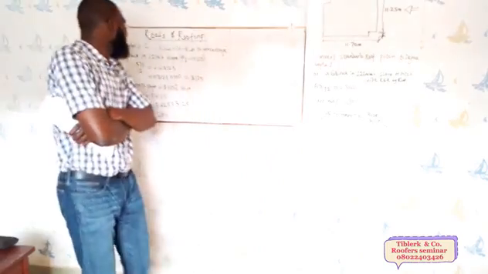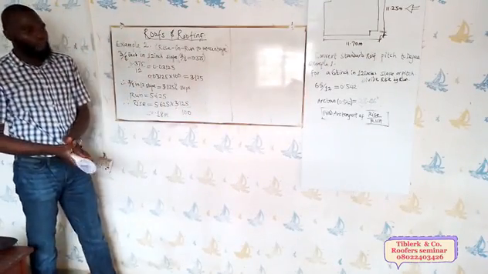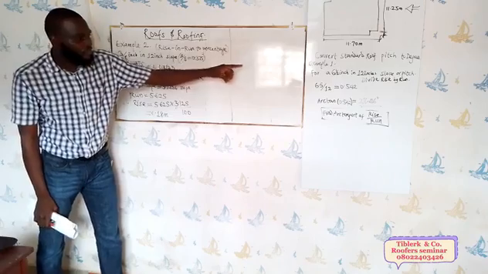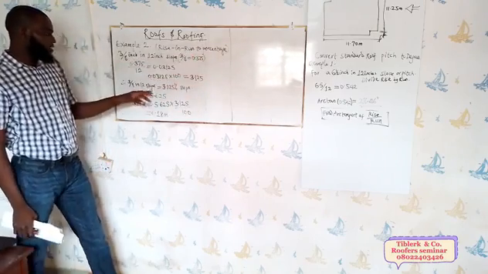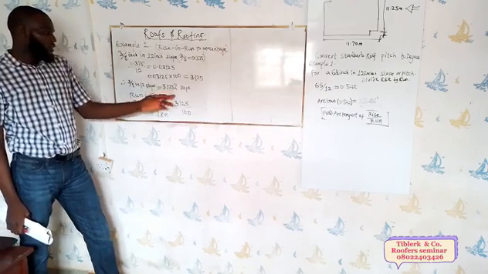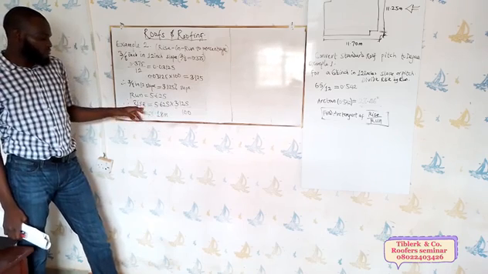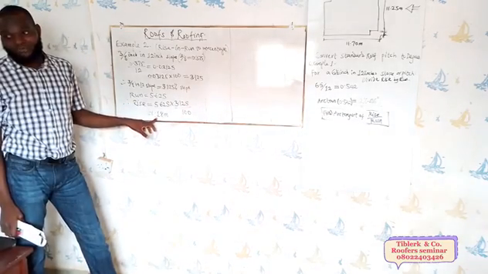What we have done now is convert from rise in 12 into percentage. We now still convert the percentage to our normal units, which is meter or mm.